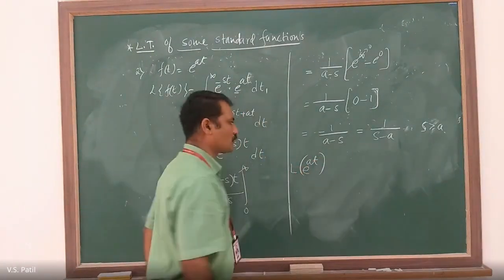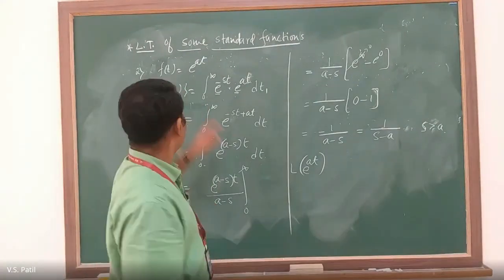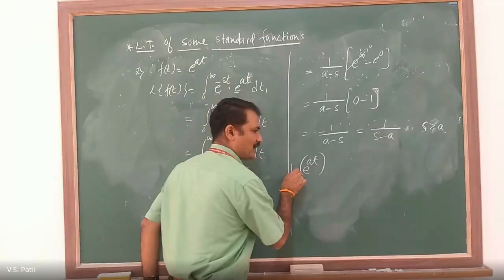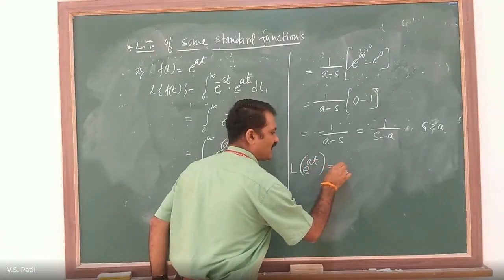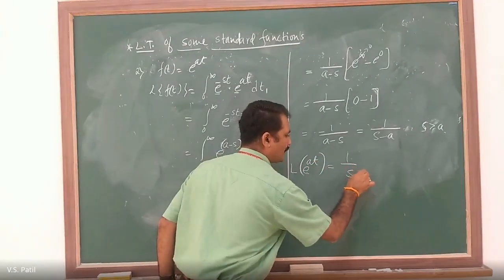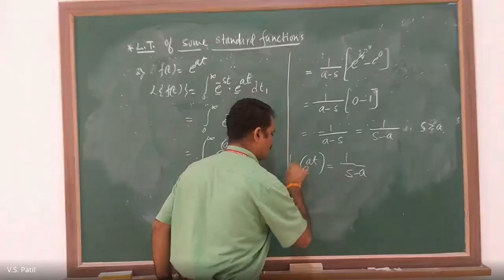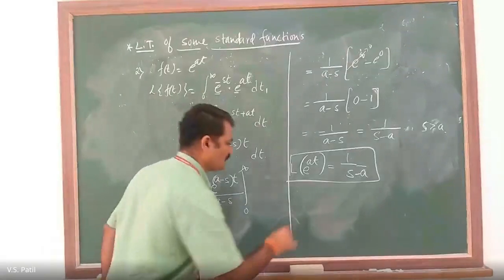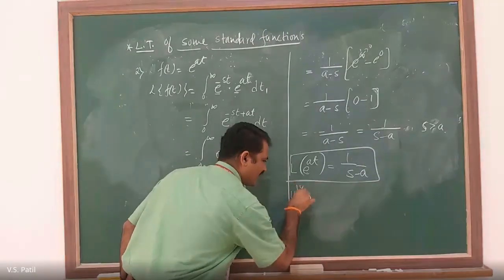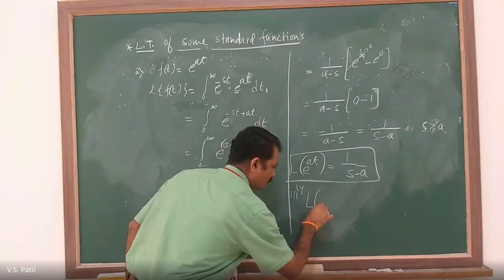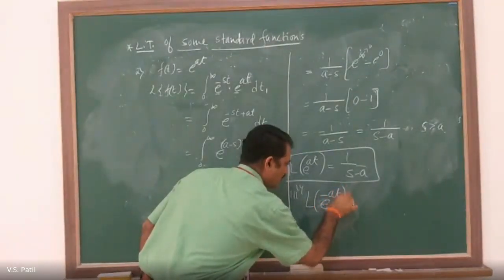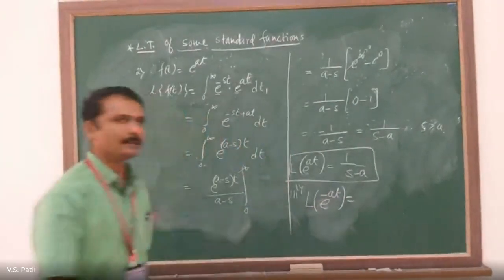Therefore, what is your conclusion? You can use this notation or that notation, you will choose. The Laplace transform of e to the power at is 1 divided by (s minus a). Now, after learning this, I will write one result directly here. Therefore, the Laplace transform of e to the power minus at, what do you expect?